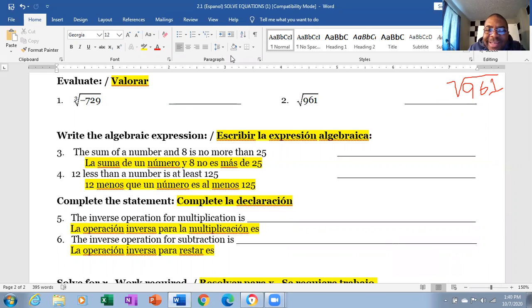And you notice I'm not writing down the answers for you right now. Nope. That's on you. You have to do what you need to do. Write the algebraic expression, the sum. So whenever you see the word sum, that means plus. And notice, in English, it's sum. In Spanish, la suma. Actually, sum is a Latin word.